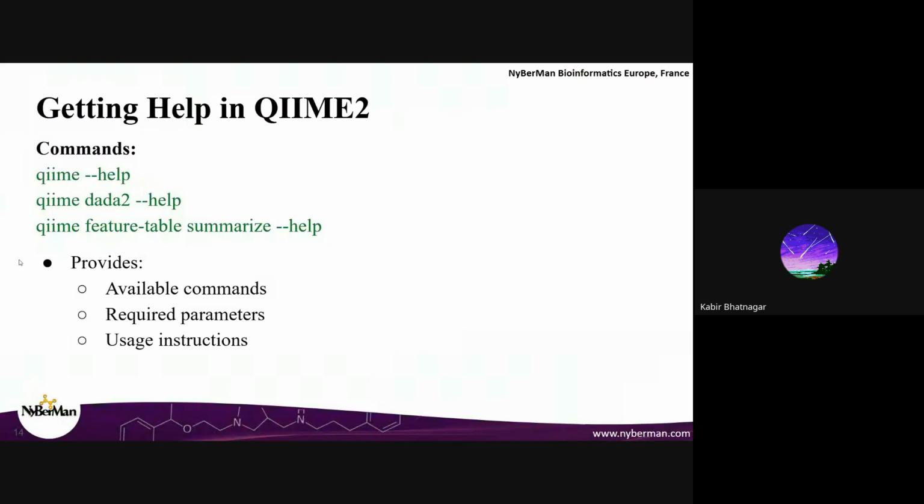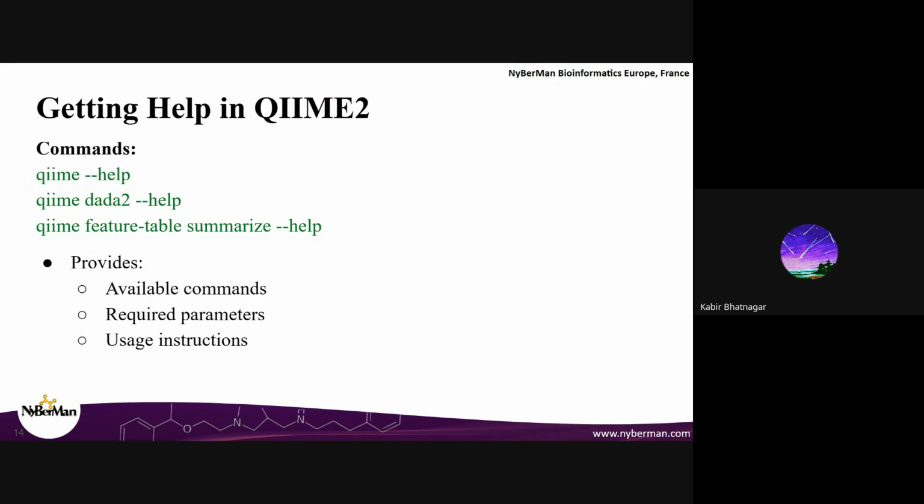Now if you want help in QIIME, you can just directly use qiime help. When we do qiime help, it gives you the entire list of commands that are present. But if you need specific help, say for dada2, you can write qiime, then dada2, and then help.